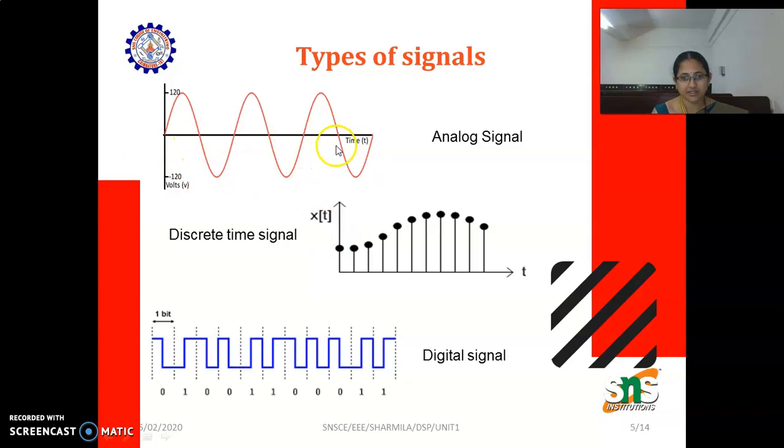It is represented on X and Y axes. On the X axis it is time t, and on the Y axis it is x of t, which is nothing but the voltage value or the magnitude value. And the discrete time signal is represented as samples. The x-axis is t and the y-axis is x of t. And digital signals are represented as zeros and ones.